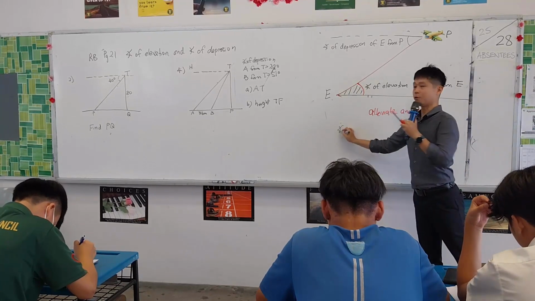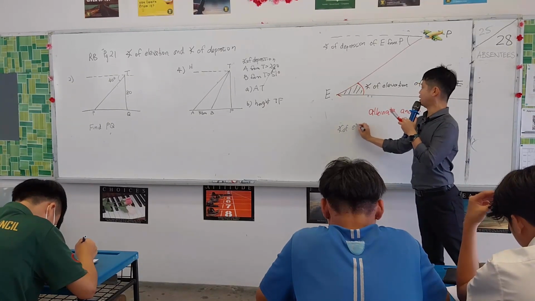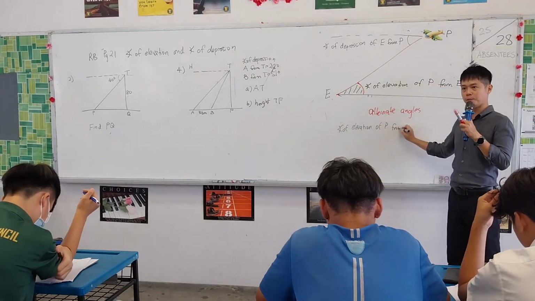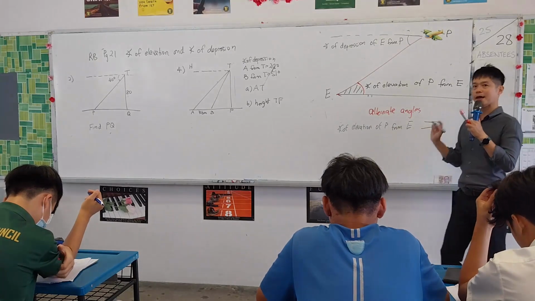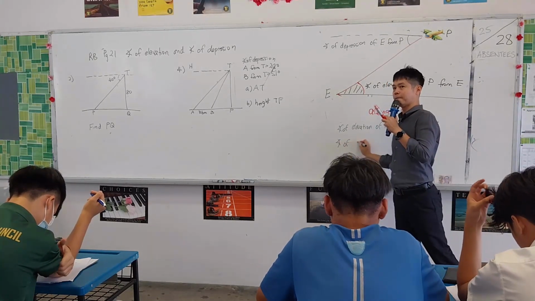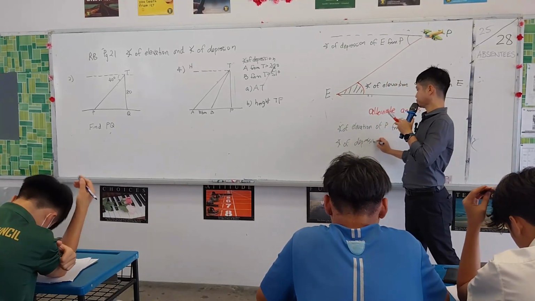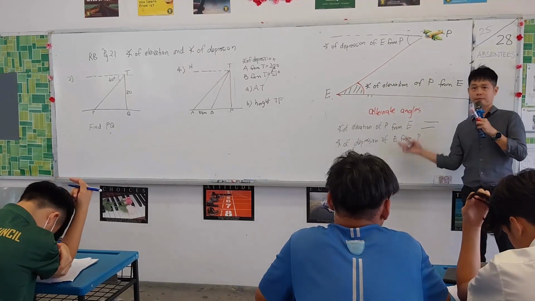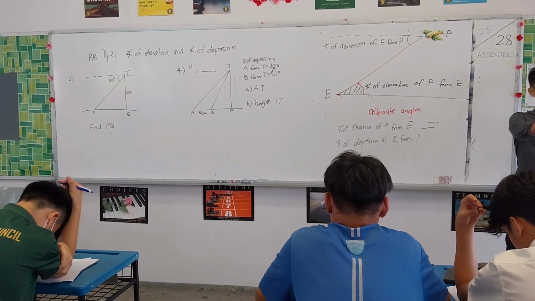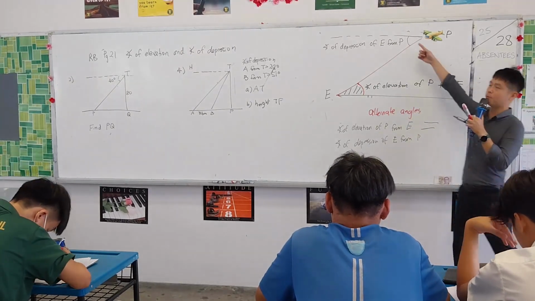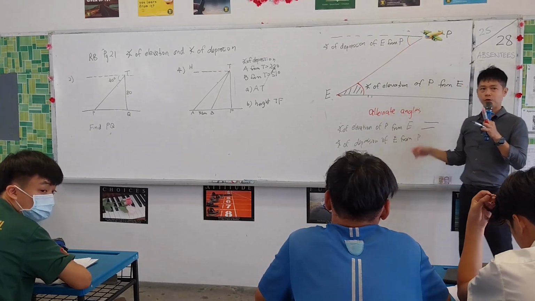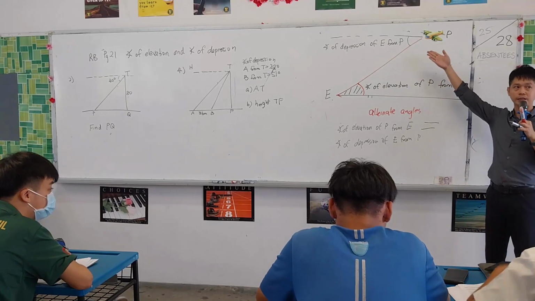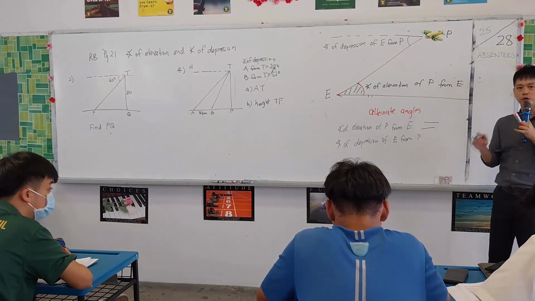So I write one more time, this is a very important concept: the angle of elevation of P from E is the same as the angle of depression of E from P. Now the letters swap. Most of the time we do not want to find the angle of depression because it's somewhere above. So what we do is look for the angle of elevation because it will be the same as finding the angle of depression using alternate angles.